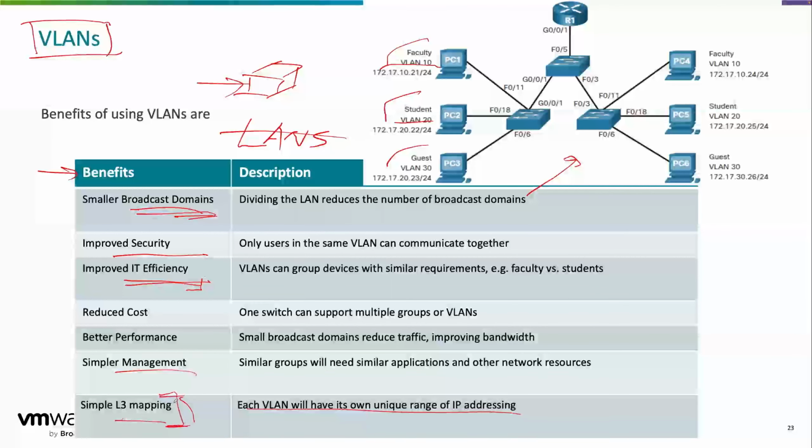Bear in mind, if you have a specific VLAN, generally speaking you have to assign a distinct IP subnet to this VLAN. So every VLAN has its own unique IP addressing or IP subnet for the ease of management.